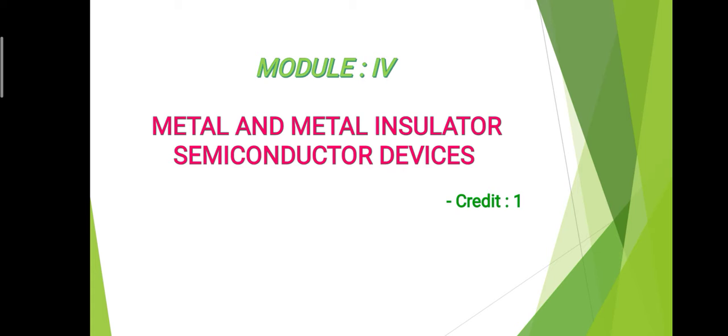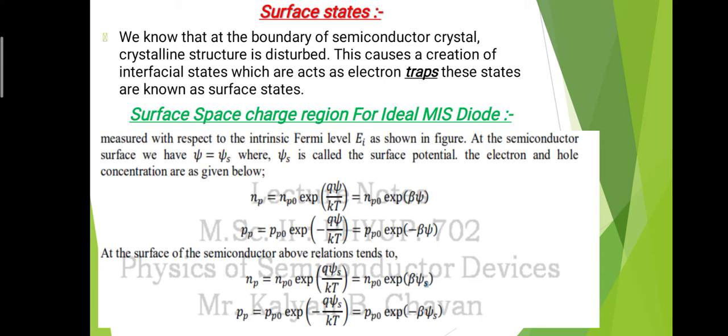So in this video we have to discuss this, but in our previous video we discussed the MIS diode, that is a metal insulator semiconductor diode. We covered how the metal insulator semiconductor diode is constructed.